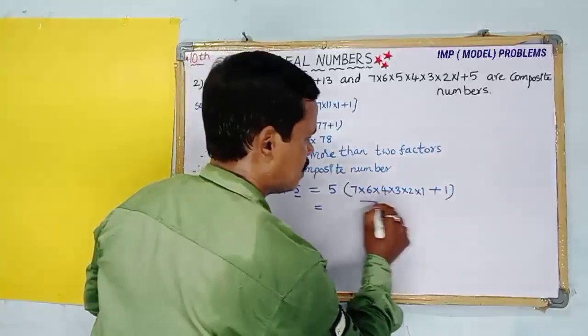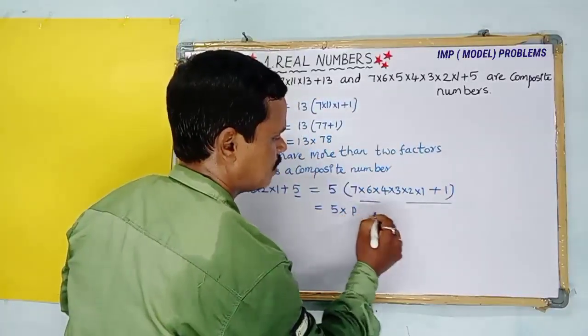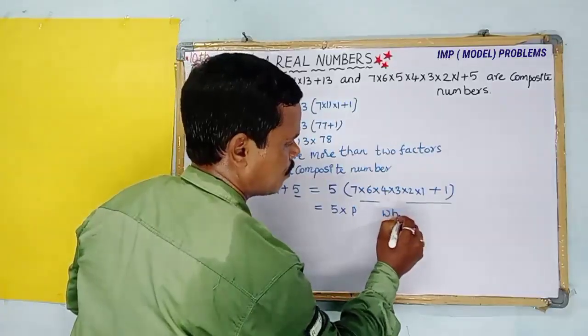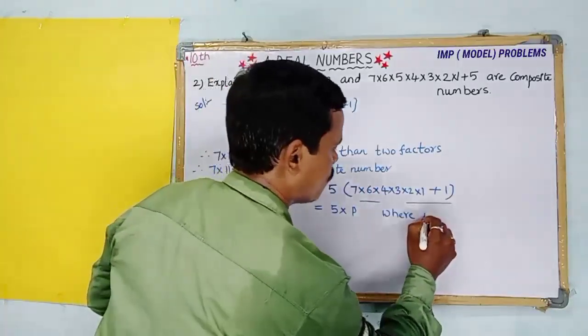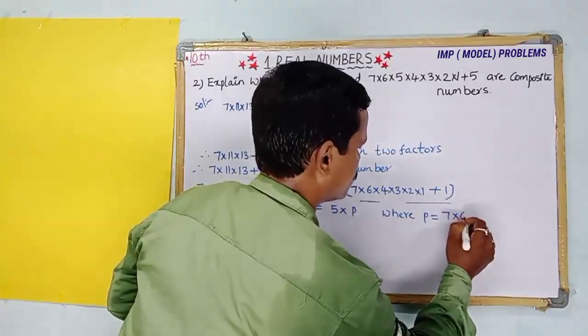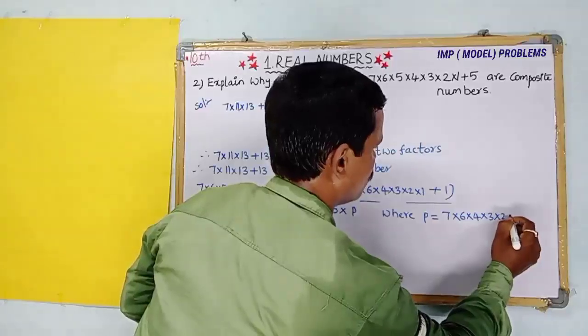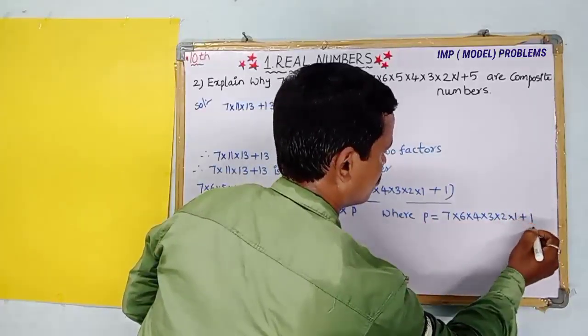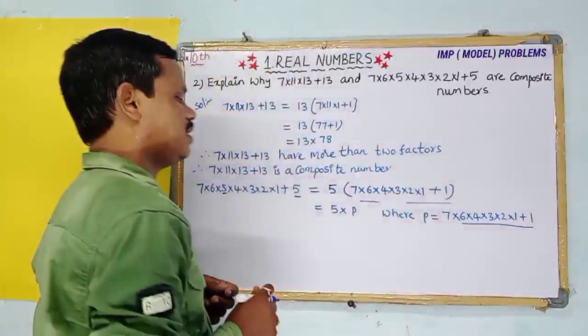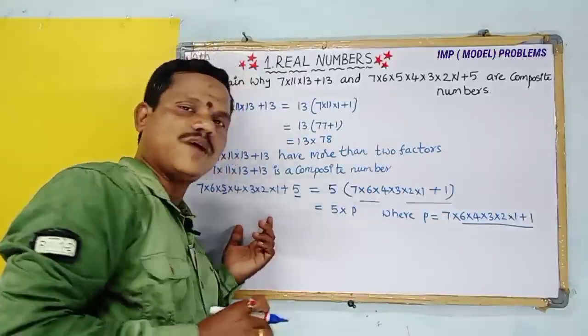This total I am taking as 5 into P, where P is equal to 7 into 6 into 4 into 3 into 2 into 1 plus 1. Okay, here this number has more than 2 factors.